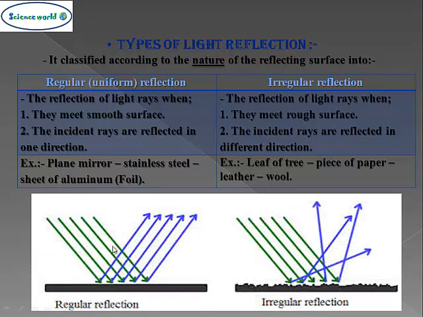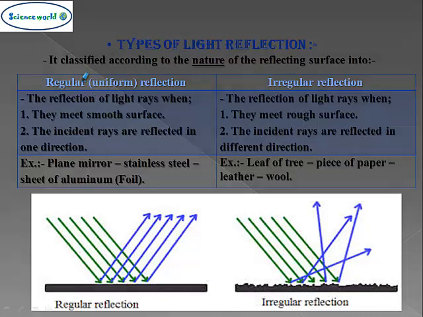So, this is regular reflection. All the incident rays are reflected in one direction, and the surface is smooth. But in irregular reflection, the incident rays are reflected in many different directions, and the surface is rough.